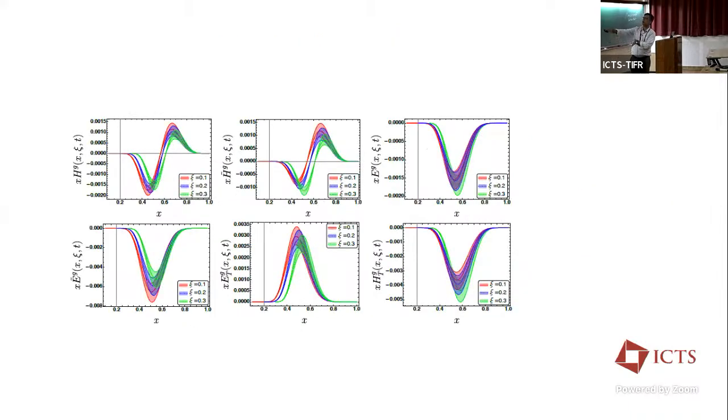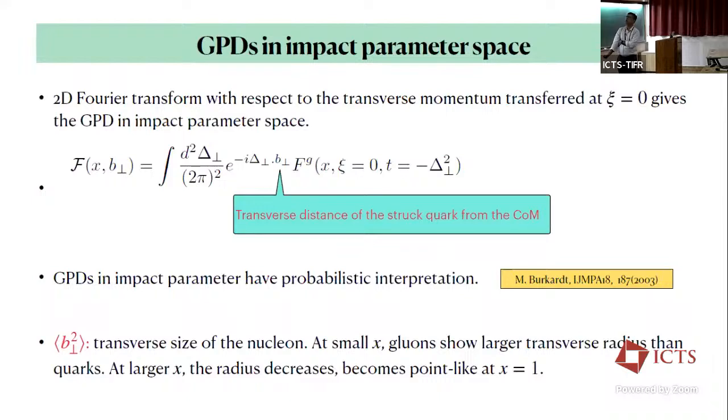And these are two-dimensional depictions of the same three-dimensional GPD pictures for different skewness zeta. As I said, the GPDs in momentum space don't have a probabilistic interpretation. To have one, we need to go into impact parameter space.